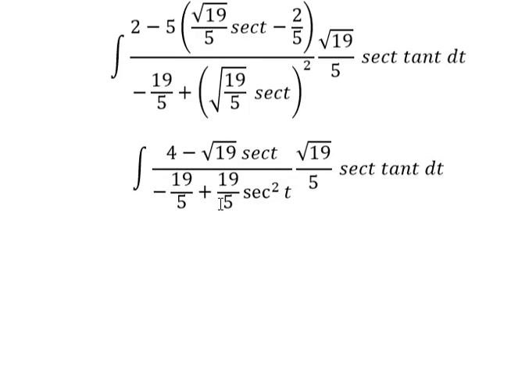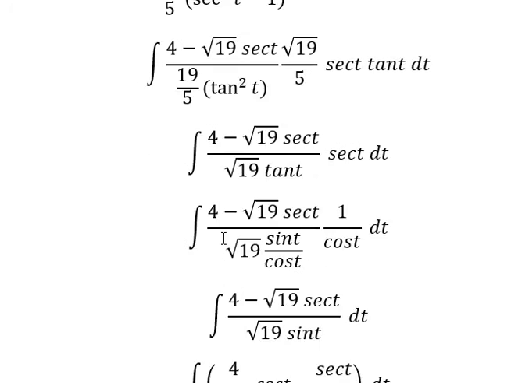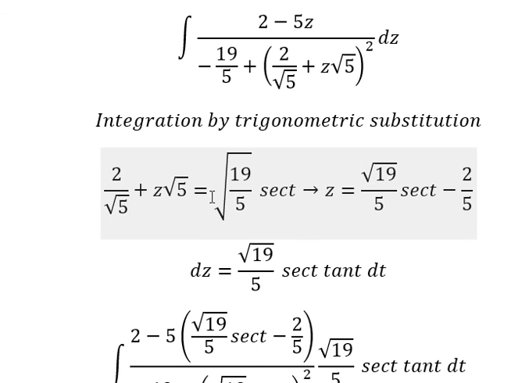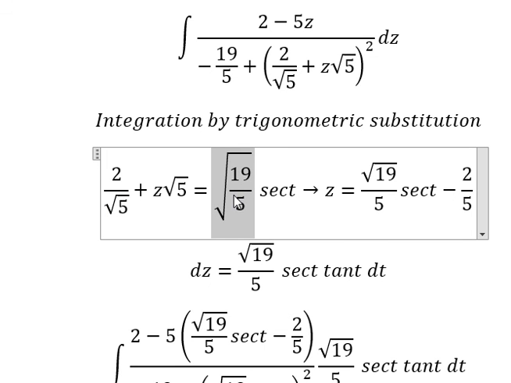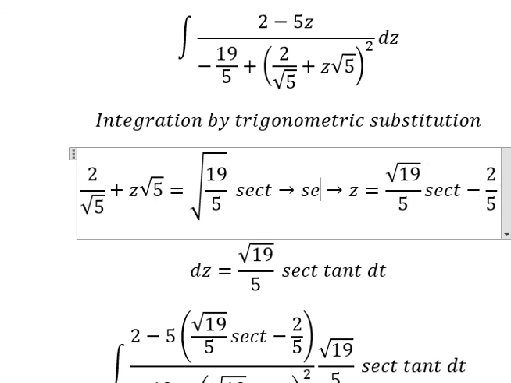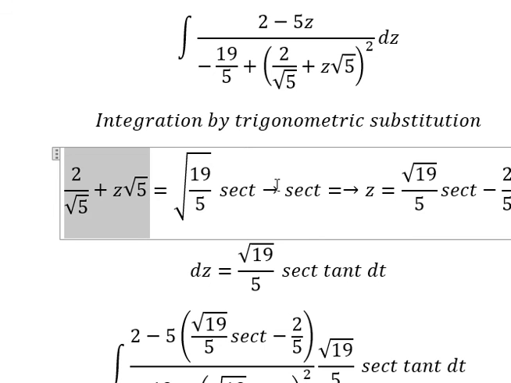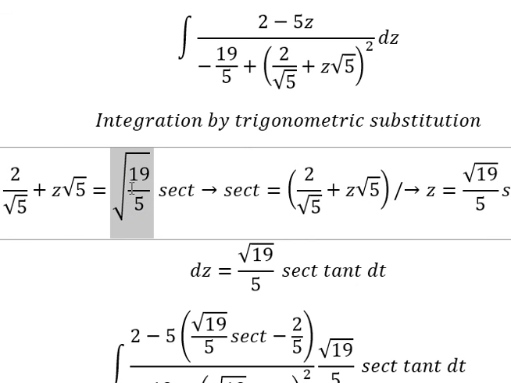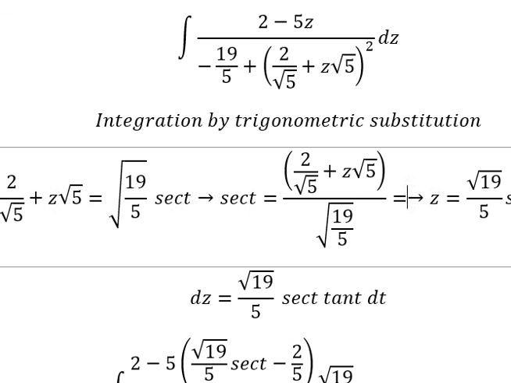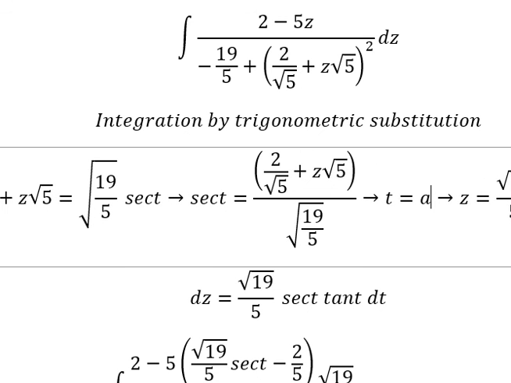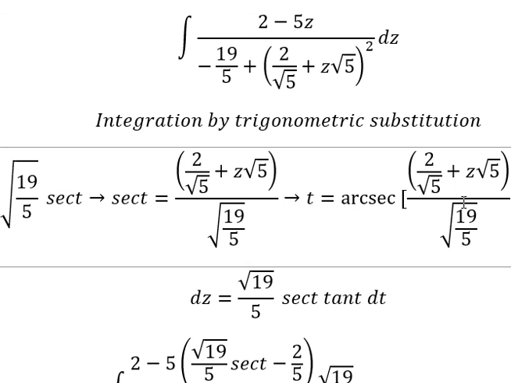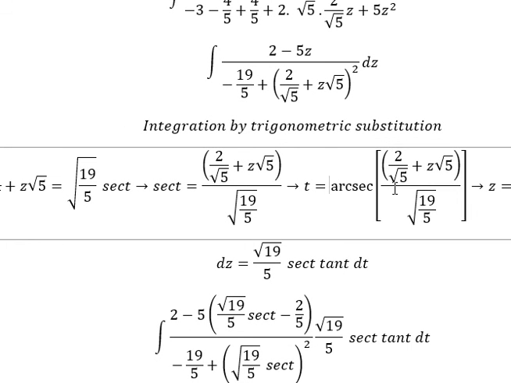About t, that is about this one. So we divide both sides by this one in here. So we got t equal to a secant of this one. So I will put this one to change for t.